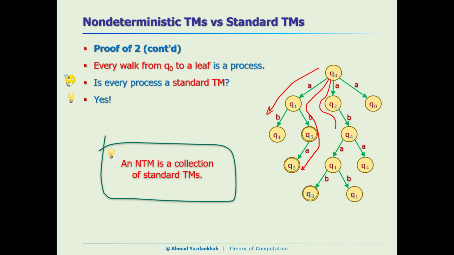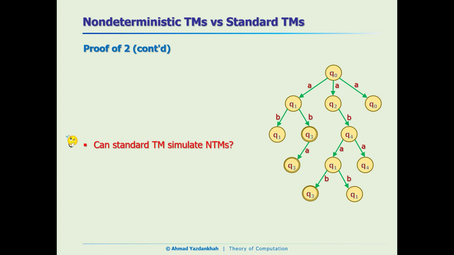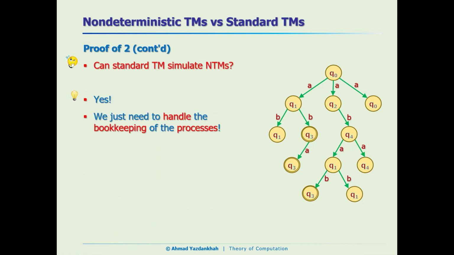So can I conclude that a non-deterministic Turing machine is in fact a collection of standard Turing machines? Yes, of course. If this is the case, it means that if I can keep bookkeeping for the processes, can I simulate a non-deterministic Turing machine with a standard Turing machine? Of course I can. It's hard, but I can do that.